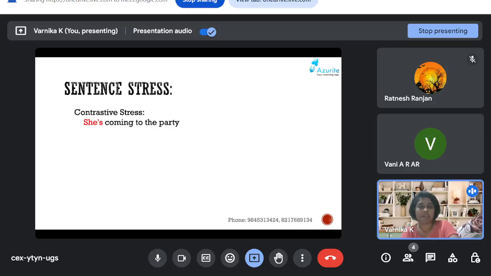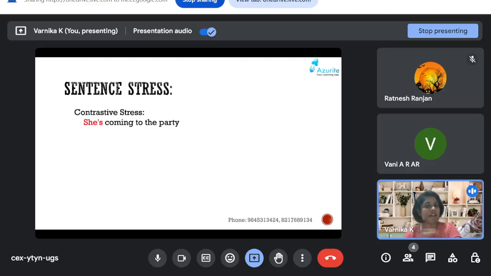So there is something called sentence stress. Yesterday also I mentioned there is a difference why native speakers sound so good in English, but if we are saying the same words, we don't sound like them, right? You may have wondered, I'm saying the same word, but why can't I sound like them? The reason is that where we stress in a word or a sentence matters a lot.